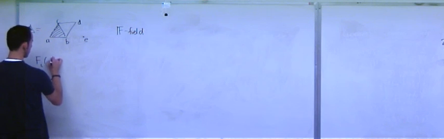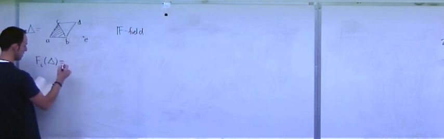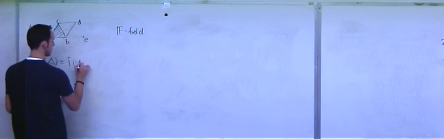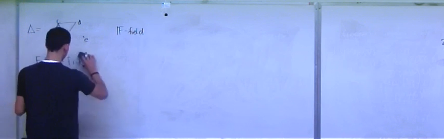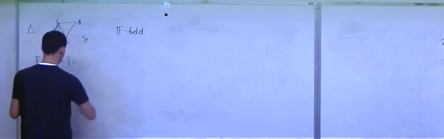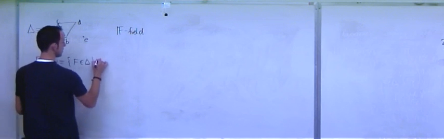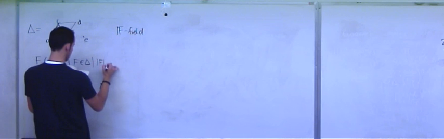So the first thing I'm going to do is, for each i, define F_i of delta to be the set of i-faces of my simplicial complex such that they have i elements.